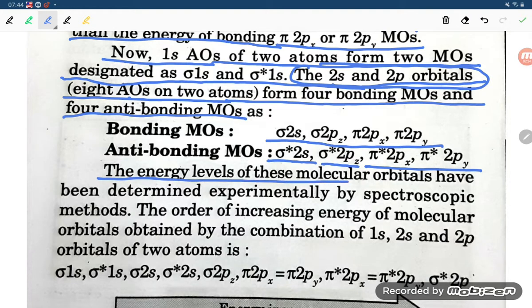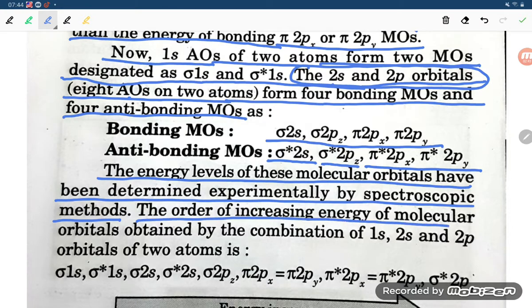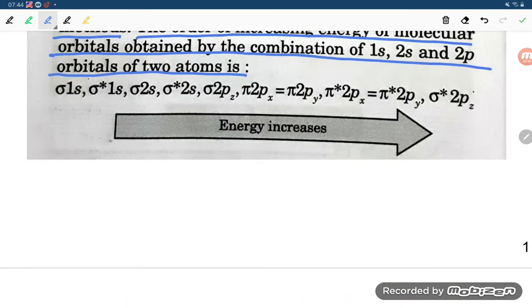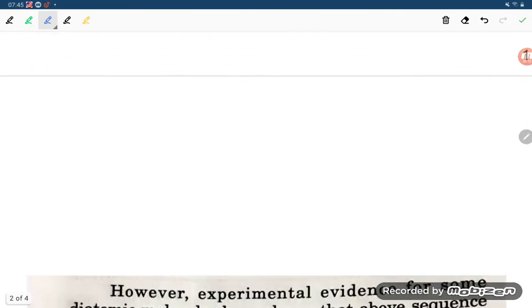The energy levels of these molecular orbitals have been determined experimentally by spectroscopic methods. The order of increasing energy of molecular orbitals obtained by combining 1s, 2s, 2p orbitals of the two atoms is: sigma 1s, sigma star 1s, sigma 2s, sigma star 2s, sigma 2pz, pi 2px equal to pi 2py, pi star 2px equal to pi star 2py, sigma star 2pz, in increasing energy order.